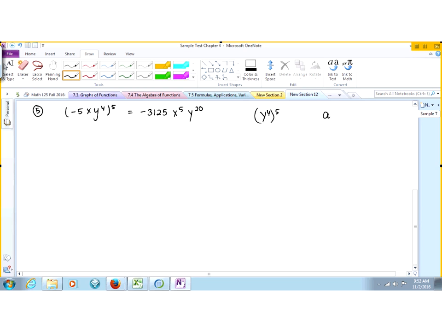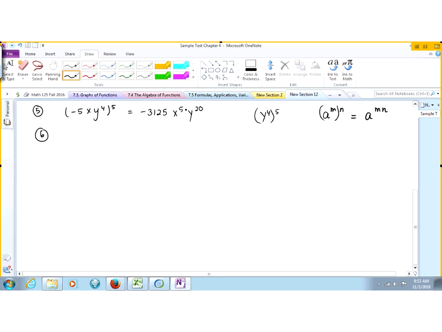So which property do we use? We have a to the m raised to the n. So what do you do to the exponent? So this one is going to be 20. Would you remember that? So when you multiply, you also multiply the exponents.